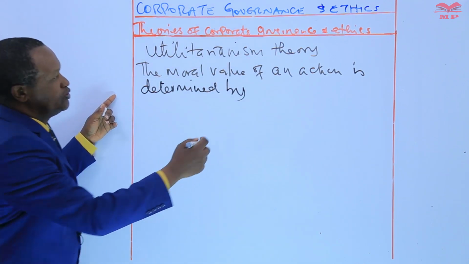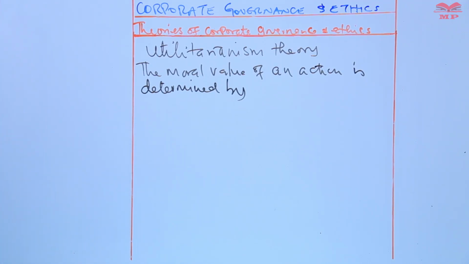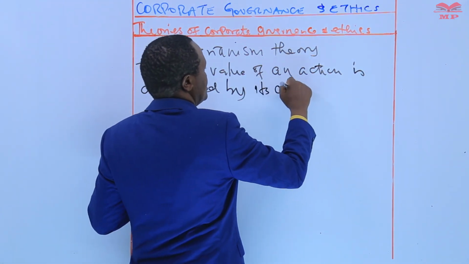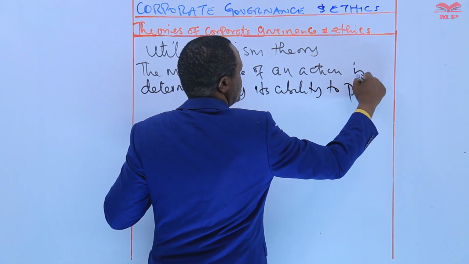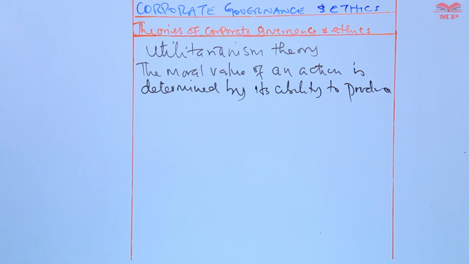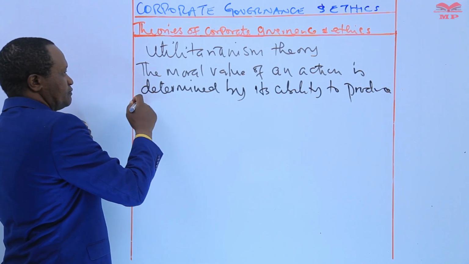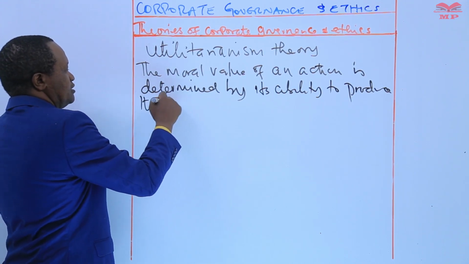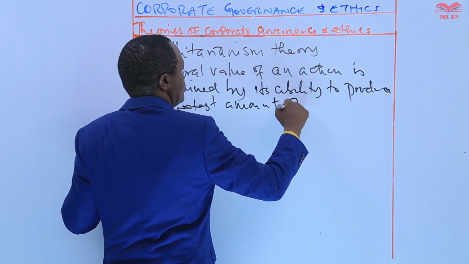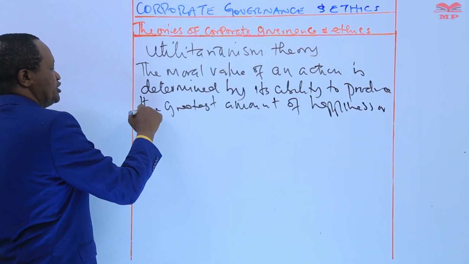The moral value of an action is determined by its ability to produce the greatest amount of happiness or pleasure.